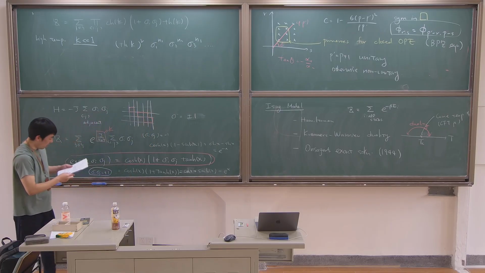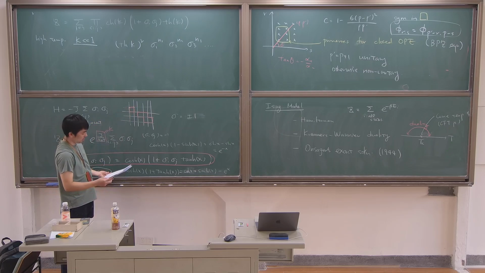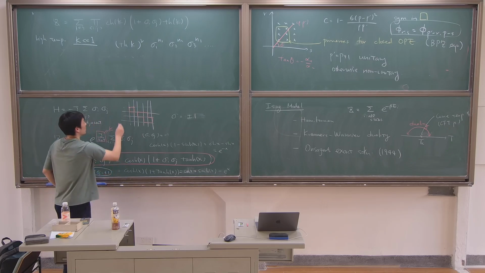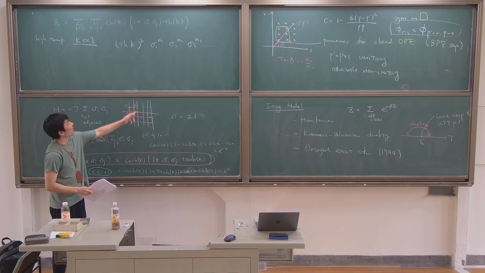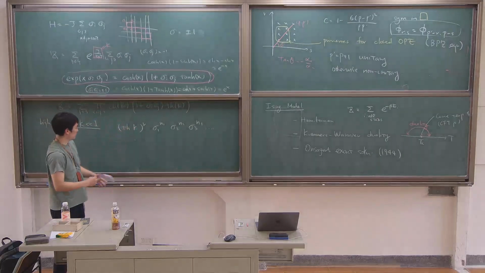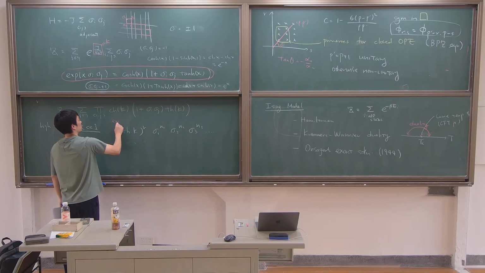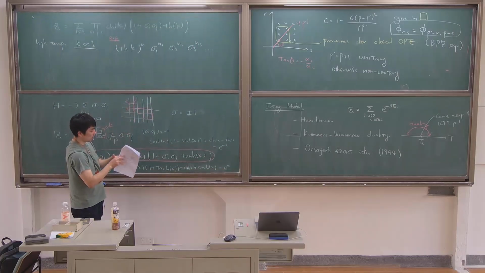R is the length of the circle, so in this case sigma 1, sigma 2, sigma 3, sigma 4, and so on. So this is length 4. So this expansion in terms of tanh K is just the length of this closed circle.